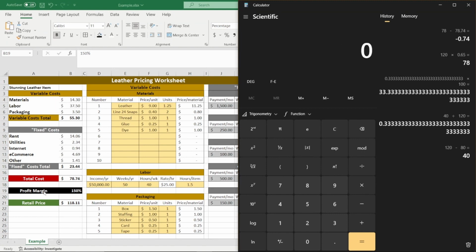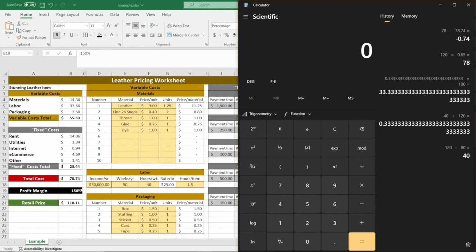But again, as we discussed in the first video where we talked about this, you kind of need to look at what other people are selling their items for. And if your brand isn't that big, you may have a hard time selling things if you're completely outpricing all of the competition of people who are more well-known and more established than you are. So just some food for thought.